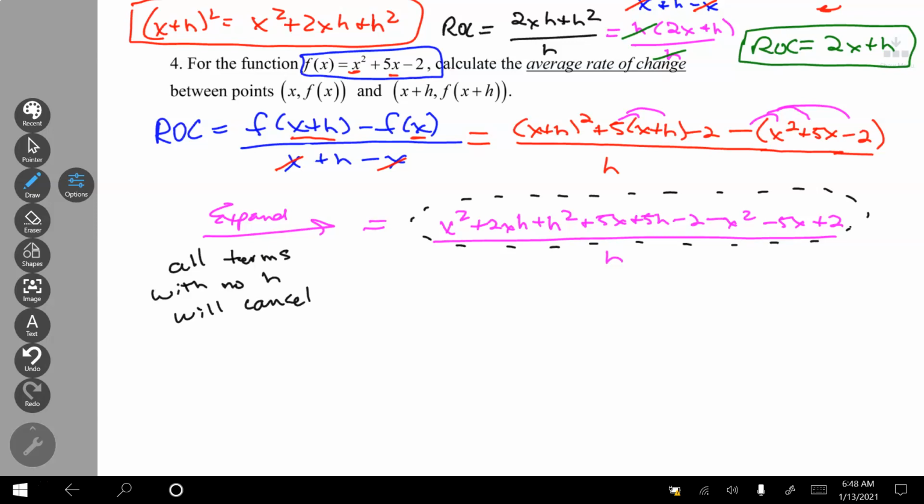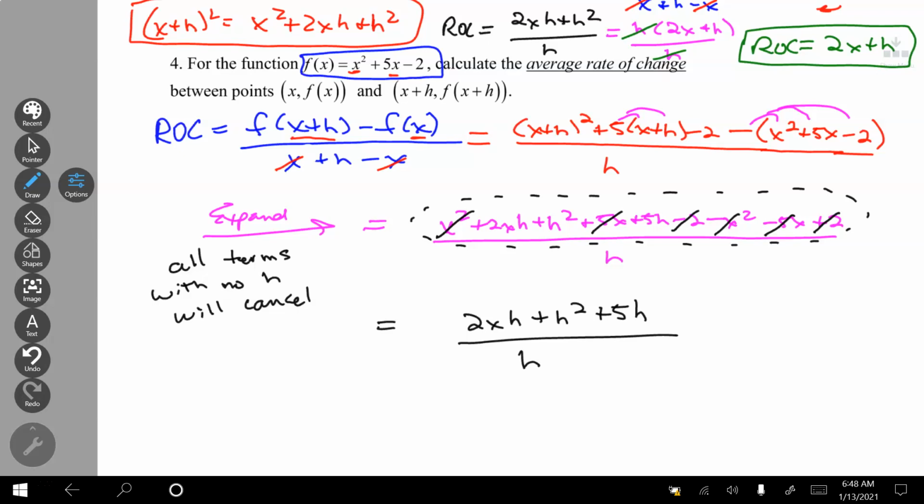I'm going to do it in reverse. 2 does not have an h. There's a negative 2 that cancels it. Minus 5x does not have an h. It has a positive 5x. Negative x squared does not have an h. It has an x squared here. And when you're done, you get 2xh plus h squared plus 5h over h.